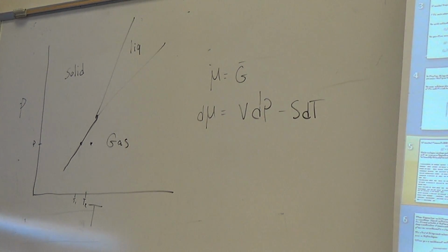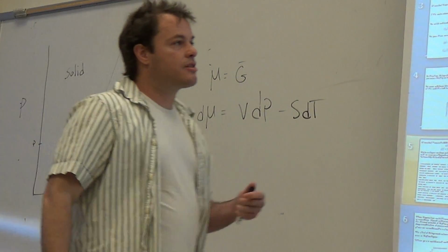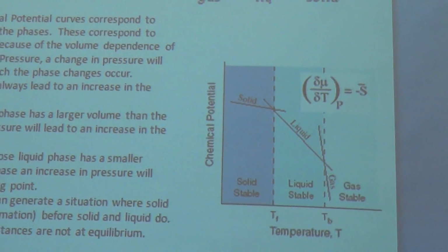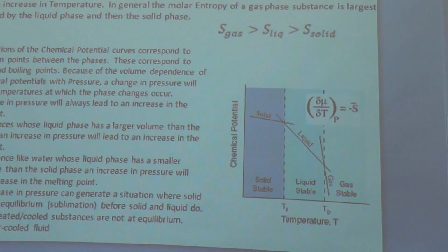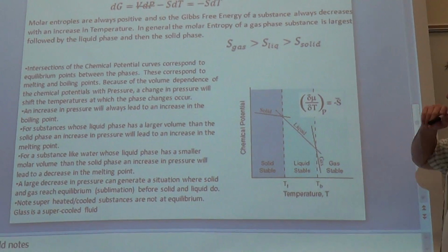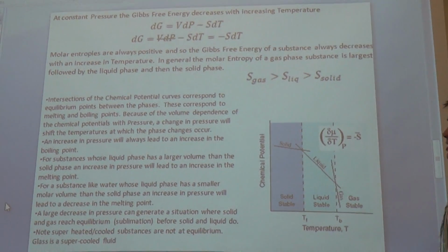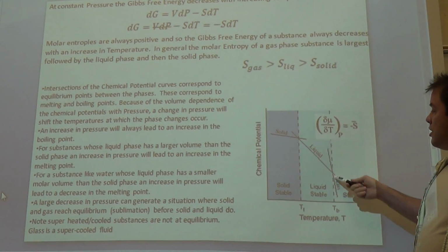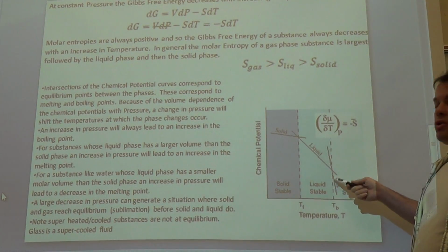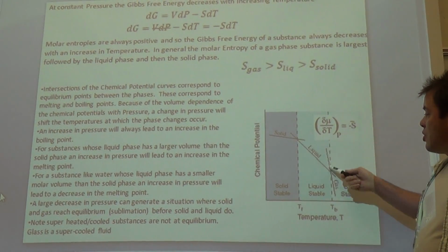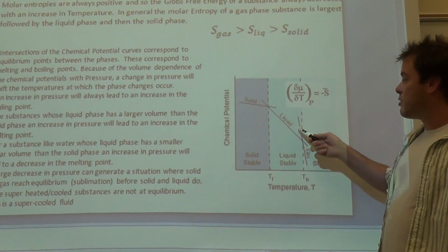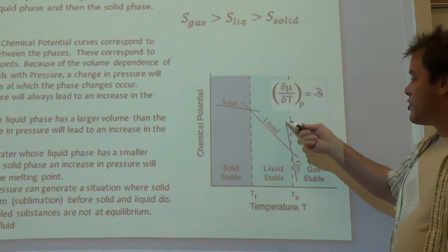So we argued, what did we do? Let's go back and revisit everything. We argued that the gas phase would have a larger partial molar entropy, and so the slope of the Gibbs free energy with respect to temperature for the gas phase would be the largest slope.